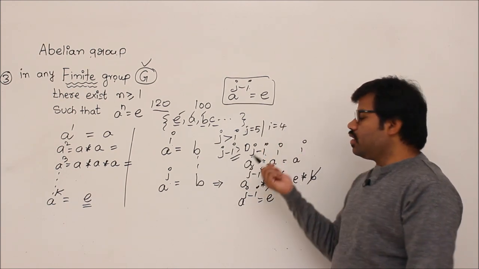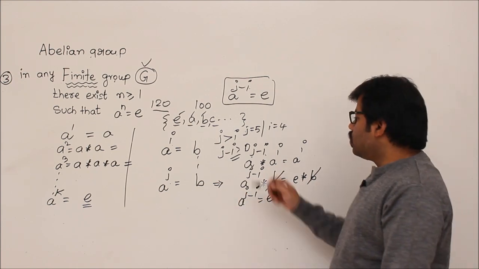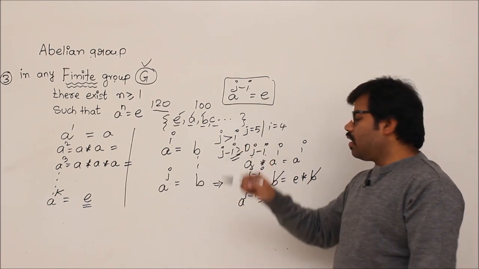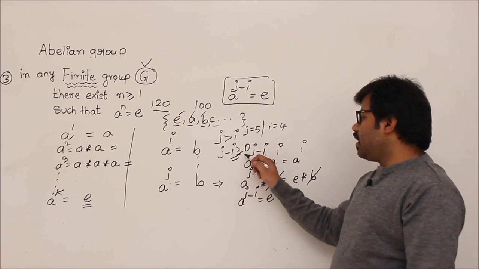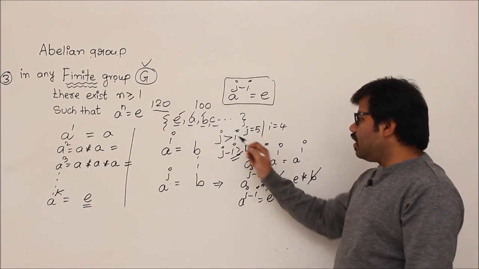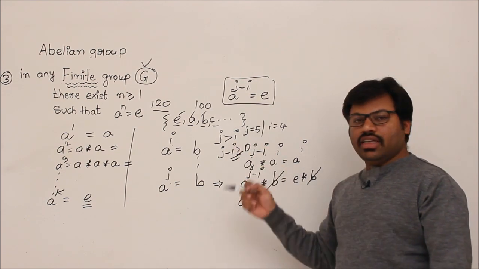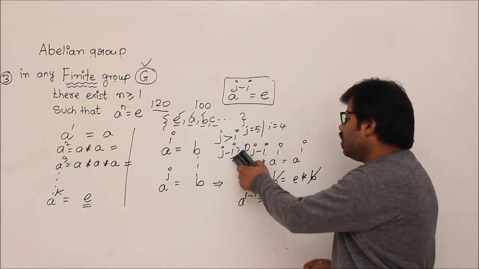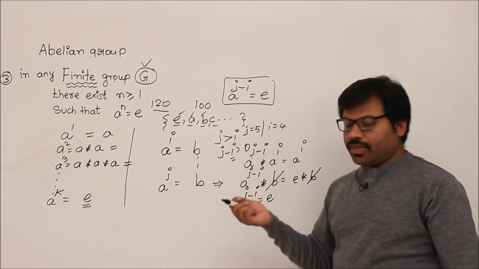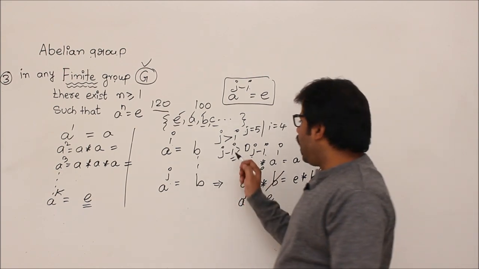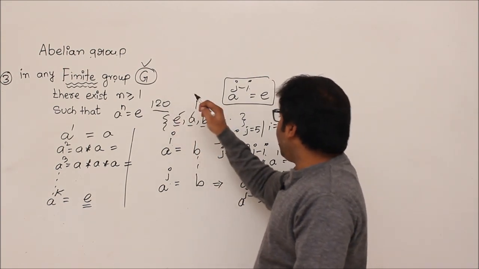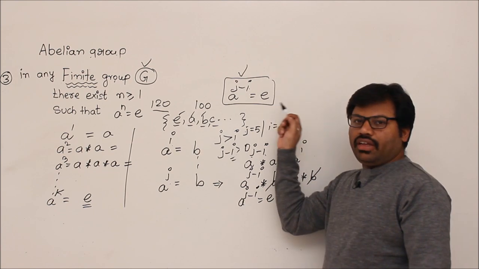Then 5 minus 4 is what? 1, which is greater than 0. So why always greater than 0? Why not greater than or equal to 0? J minus i greater than or equal to 0 would mean there is a case that j equal to i, but there is no chance. So j minus i should always be greater than 0 because j is bigger than i, correct? So finally we have found a case where A power j minus i equal to e.